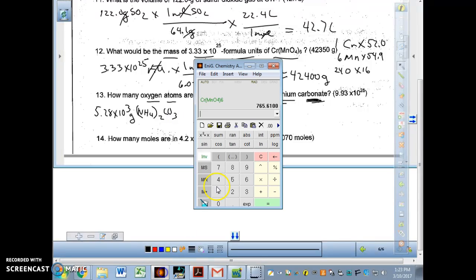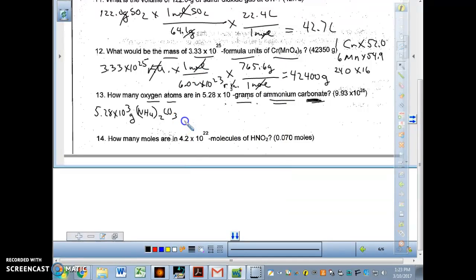That's (NH4)2CO3. I'm going to use my little program again to get the molar mass, and that's 96.1 grams per mole. So we'll divide by the molar mass, and then multiply by 6.02 times 10 to the 23rd.